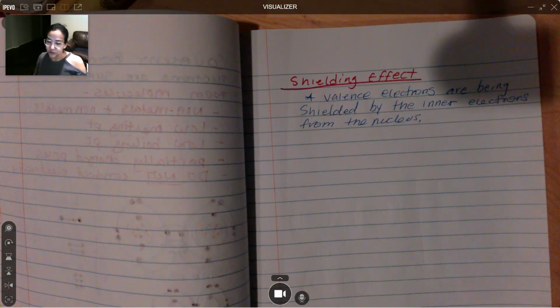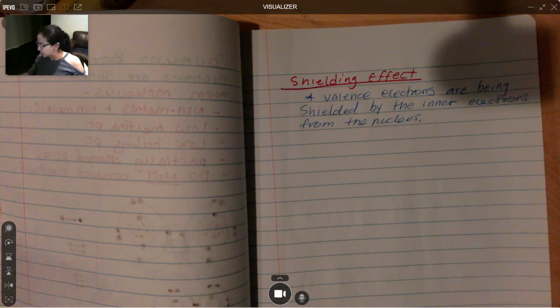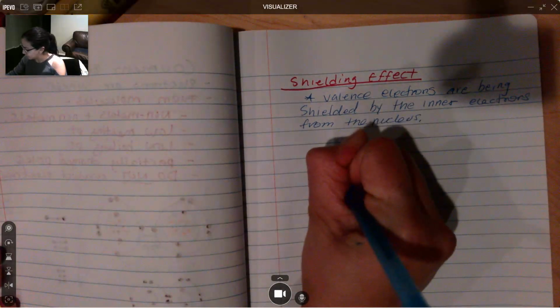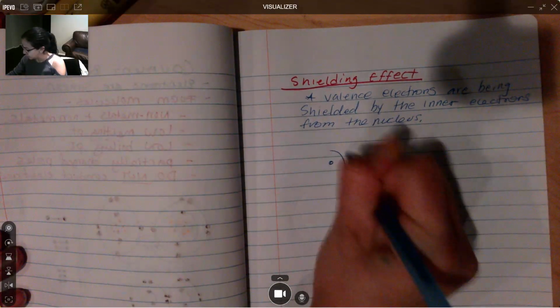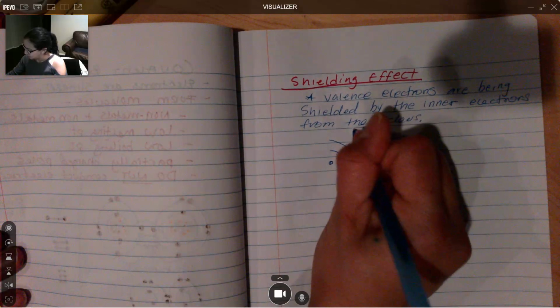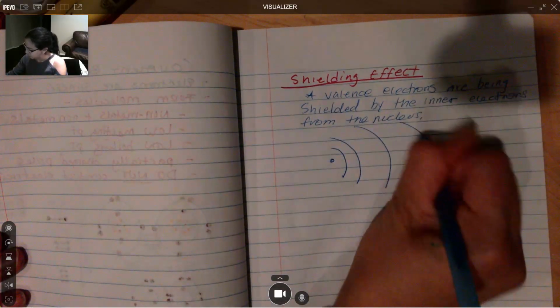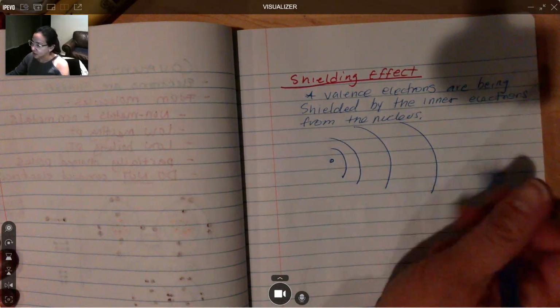Things that increase shielding effect is an increase in atomic radius. The bigger your atom is, the more shielding effect you're going to have. All right, so quick example. So this is going to be our energy levels.